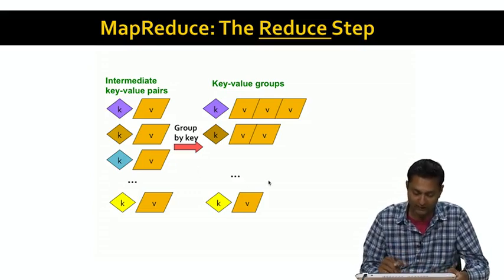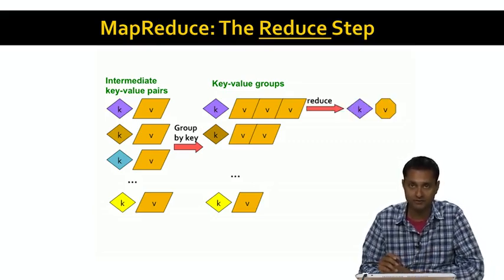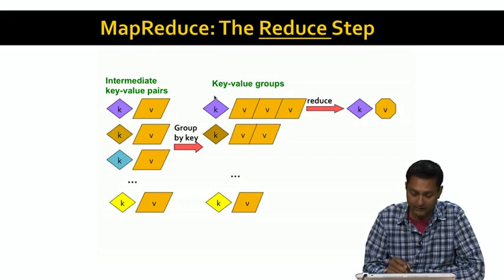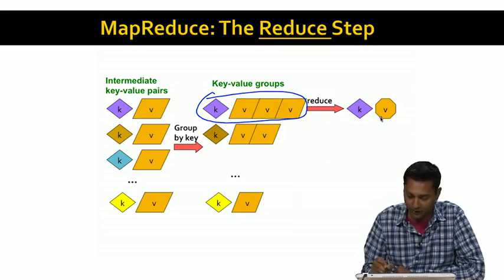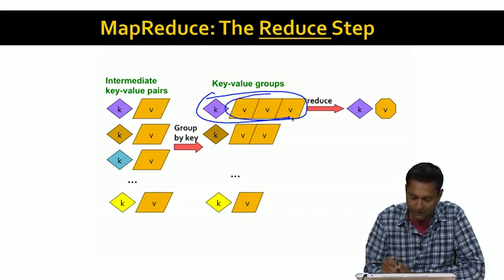Now, once you have these key value groups, then the final step is the reducer. The reducer takes a look at a single key value group as input, and it produces an output that has the same key, but it combines all the values for a given key into a single value.